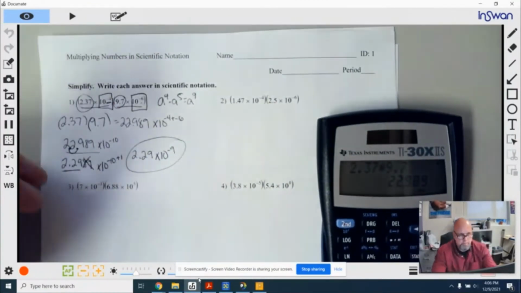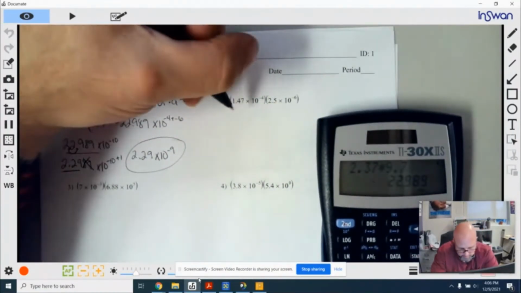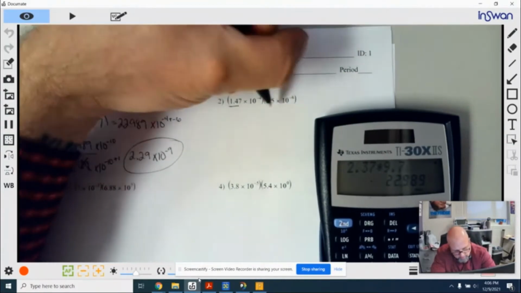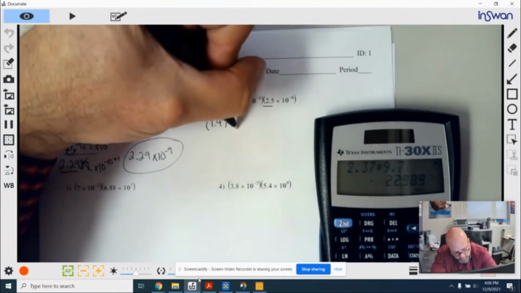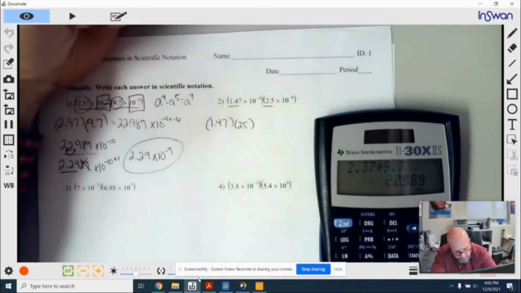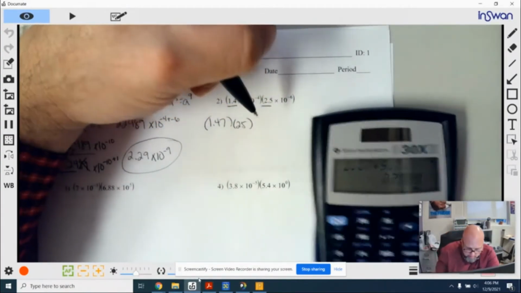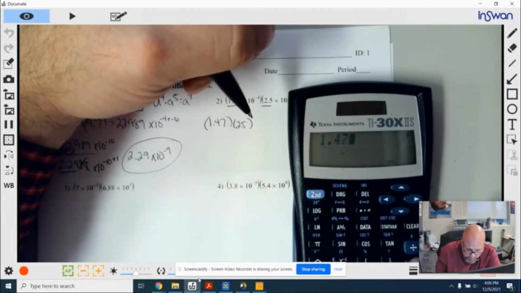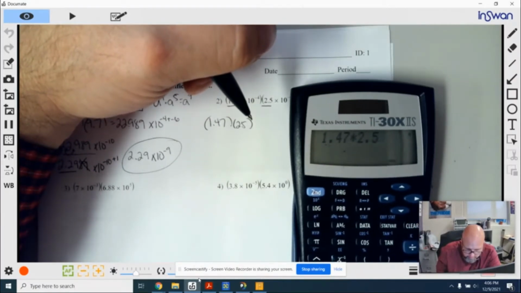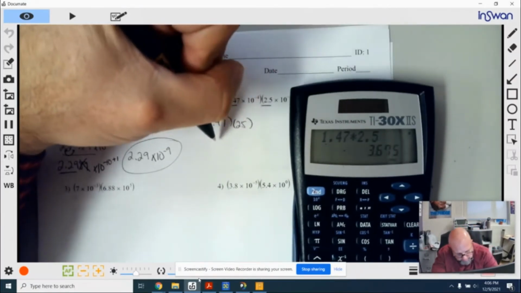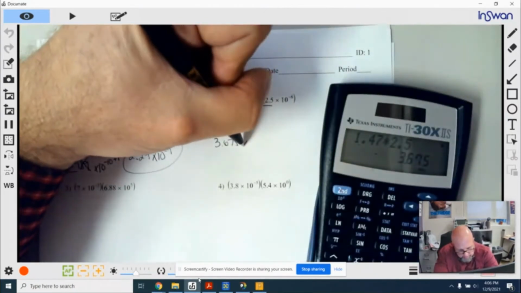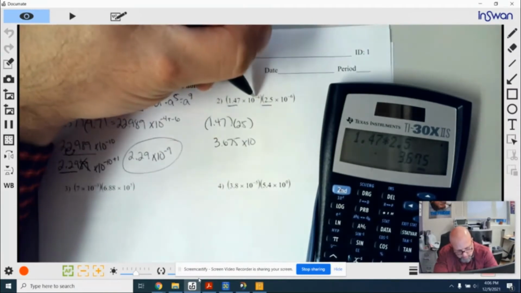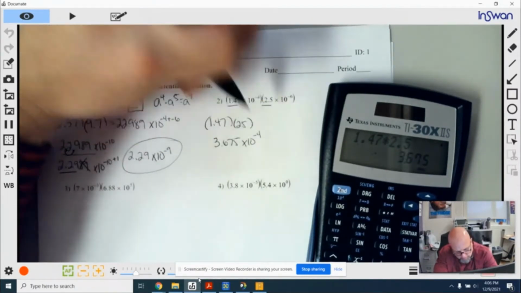Okay, number 2. I'm going to take 1.47. I'm going to multiply by 2.5. So 1.47 multiplied by 2.5, and I'm going to show that I get 3.675. So I'll write down 3.675. I put times 10, and then I take this first power, -4.